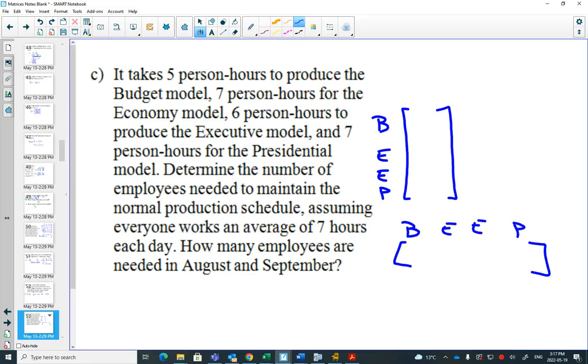And this will be hours. So if we did the column matrix, we would have 5, 7, 6, 7.